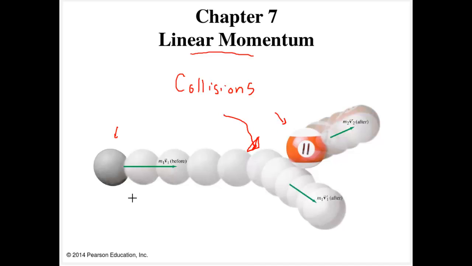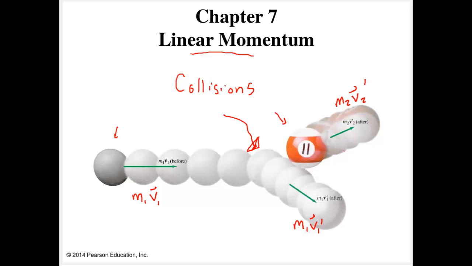While I'm on this slide, I'm going to point out the notation that's going to be used in this chapter. Here we're going to have the mass and velocity of the billiard ball beforehand. Over here we're going to have the mass and the velocity of the cue ball, and we're going to have the mass and velocity of the 11 ball.